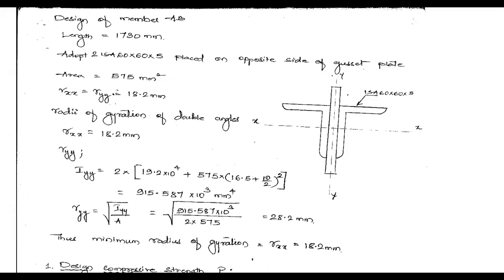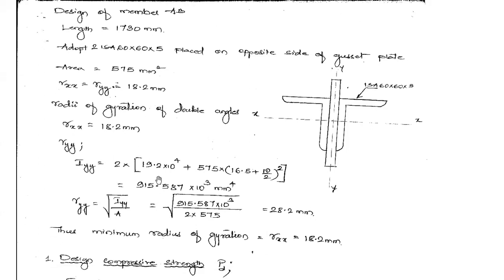Now with that, when I substitute, 19.2 into 10 raised to 4 is the moment of inertia about the centroidal axis of that angle, IG, plus A into YC square. YC consists of two distances: one is Cyy, measured from the face of this angle up to its centroid, 16.5 mm, plus half the thickness of this gusset plate, because we want moment of inertia about this y axis.